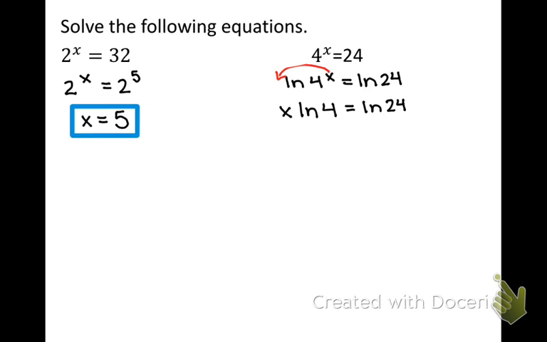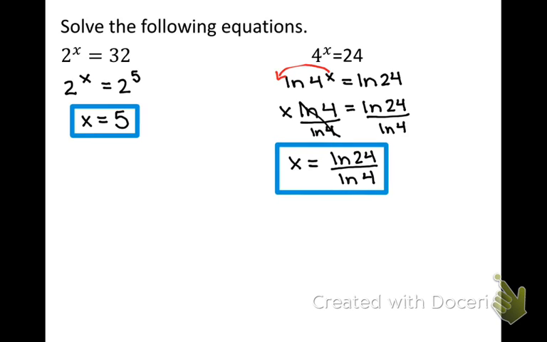We are trying to get that x by itself. Right now, the x is connected to the natural log of 4 by multiplication. To undo multiplication, I use division. So I'm going to divide both sides by the natural log of 4. And we get that x equals the natural log of 24 over the natural log of 4. This is my final answer.